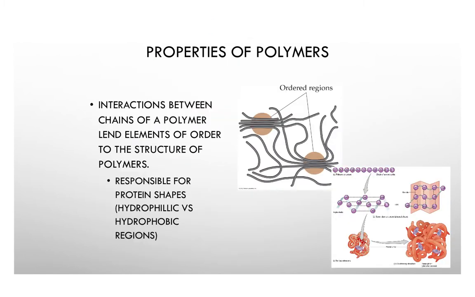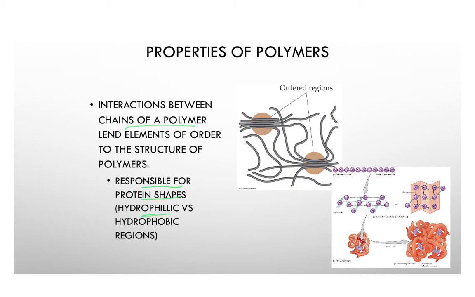Okay. Some other interesting things that happen with polymers is that there are interactions between the chains of polymers. Based on dispersion forces, sometimes hydrogen bonding, sometimes even dipole-dipole forces, you can get the chains interacting with one another. This is where you get protein shapes in biology.